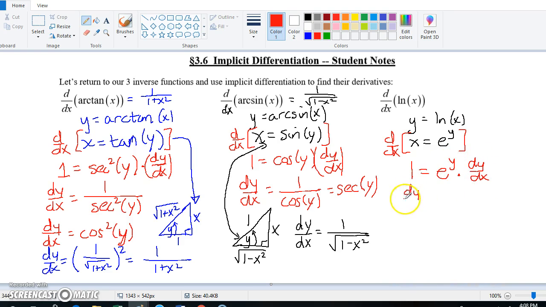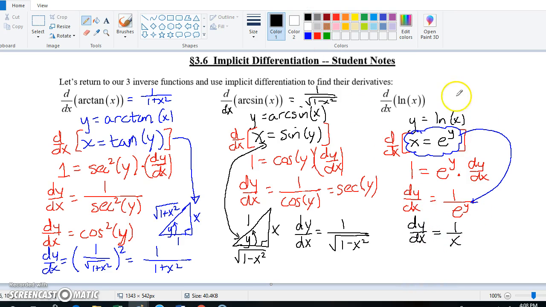We're going to isolate dy/dx. And we need to replace e to the y with an expression of x. And you'll notice that right here, we know that e to the y is x. So let's just replace it. dy/dx is 1 over x. So the derivative of the natural log of x is 1 over x.